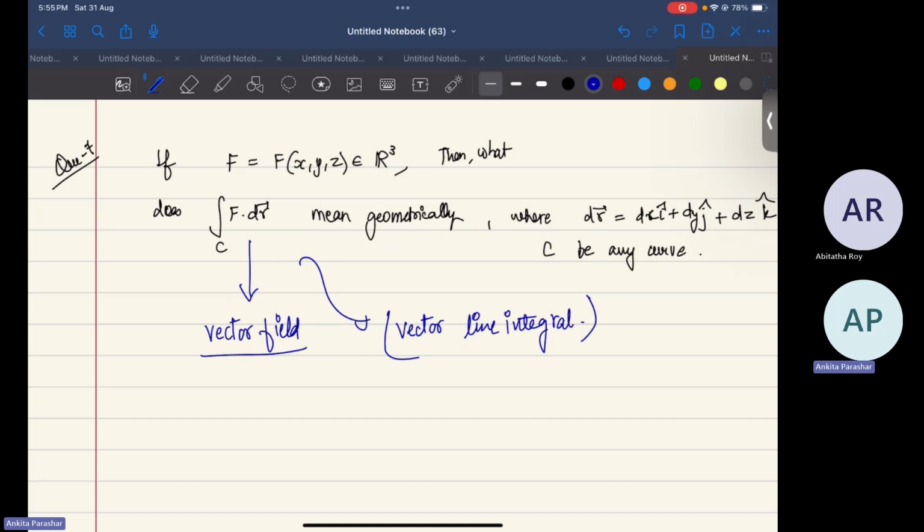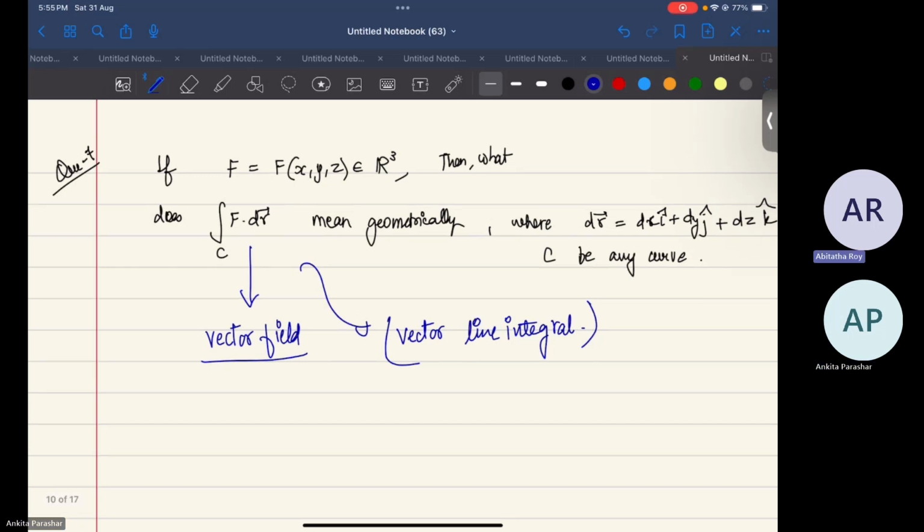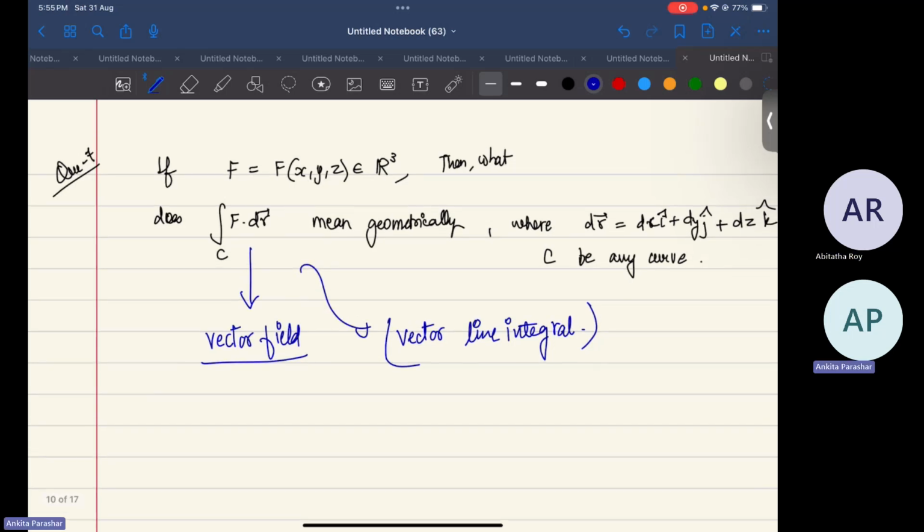Will you call that work? Suppose you push from morning till evening, and the wall did not move at all. Do you call whatever you did work done by you? In physics, no. And why? Because the displacement of the wall is zero.